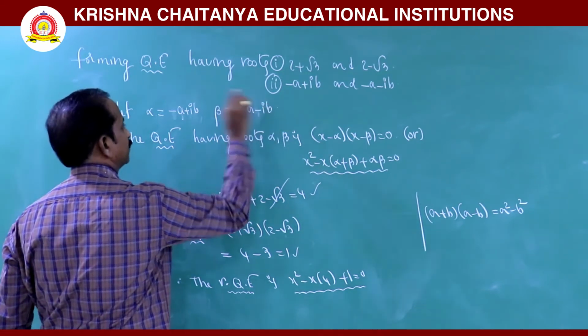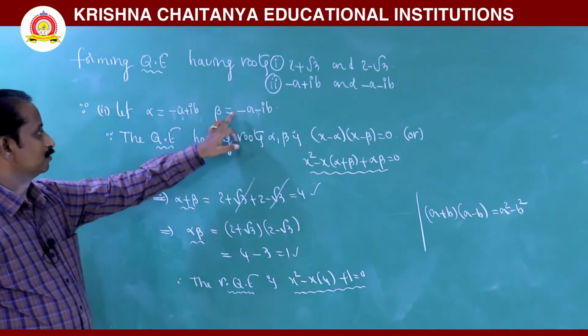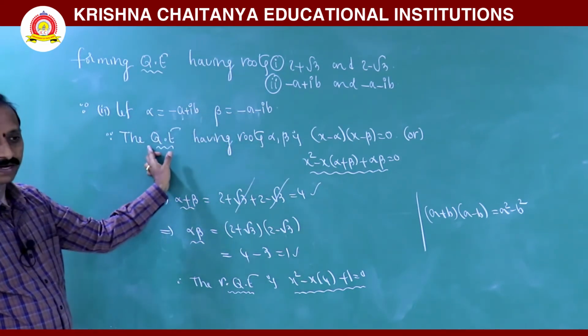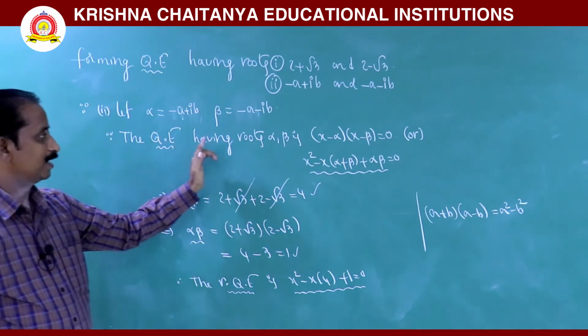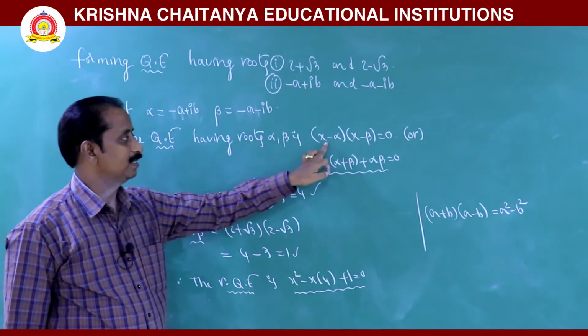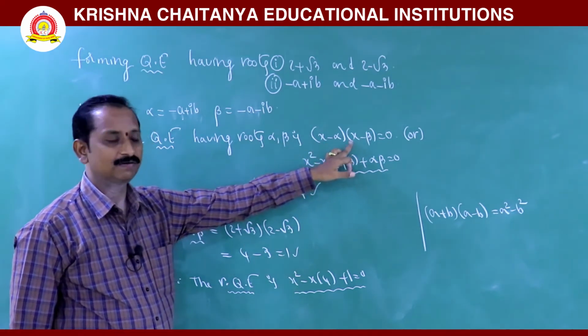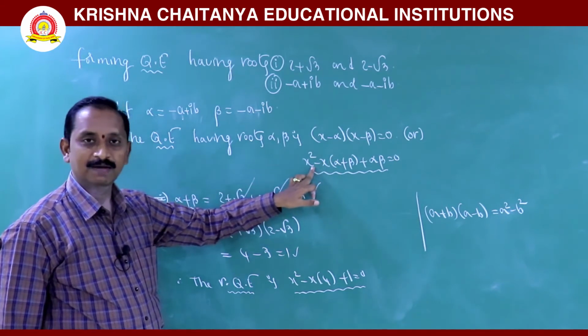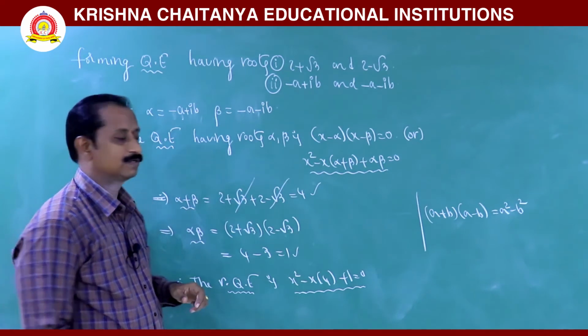When alpha and beta are known, we form a quadratic equation. We know that the quadratic equation having roots alpha, beta is x minus alpha into x minus beta is equal to 0. Otherwise, x square minus x into alpha plus beta plus alpha beta is equal to 0.